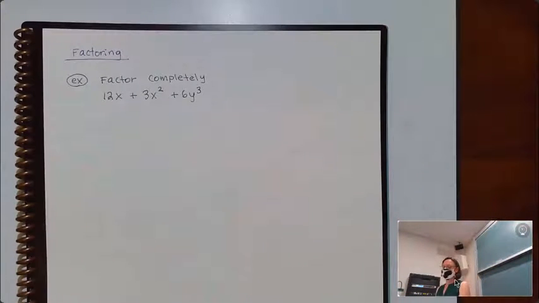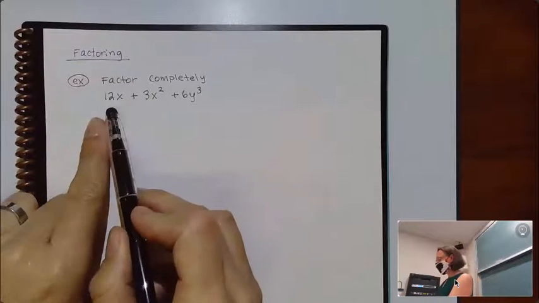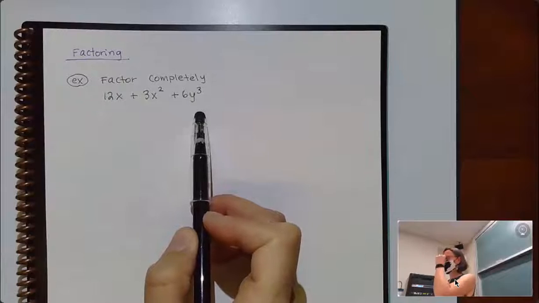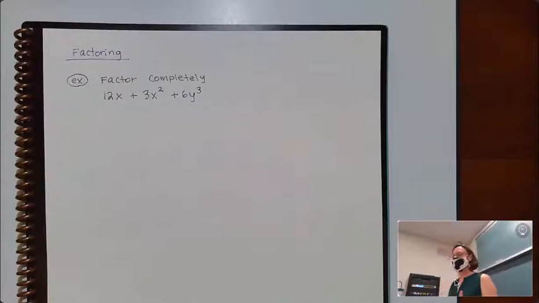The first thing that we're going to look for when we think about factoring is whether there is something that each of the terms have in common. And when I'm saying there's something they have in common, meaning that they each can be written in such a way that they have a common factor. So I'm going to do this extra step.